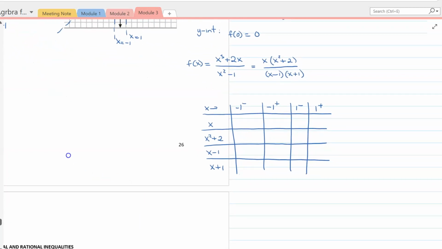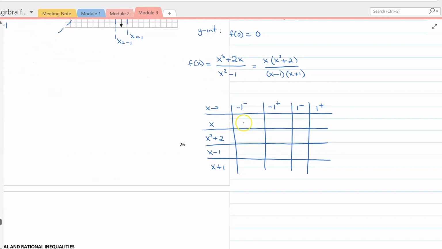Okay. As x approaches negative 1 from the left, here we get negative, negative, positive, positive, and here we get x squared plus 2, so it will be positive throughout.